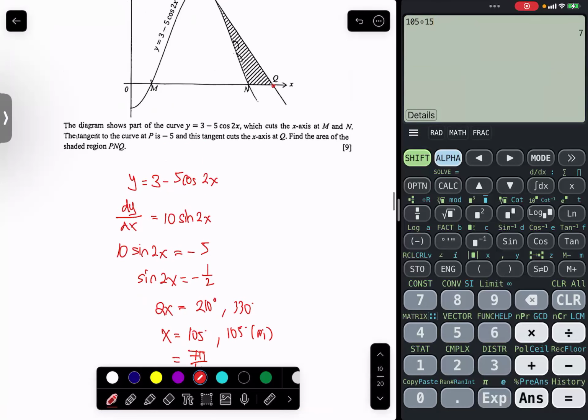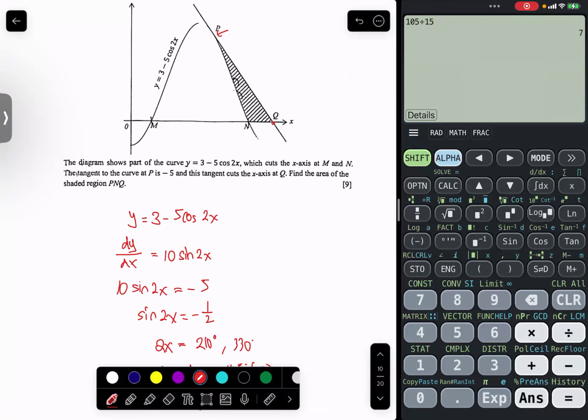Right, so that means this point, 7 pi over 12. Which wrong?